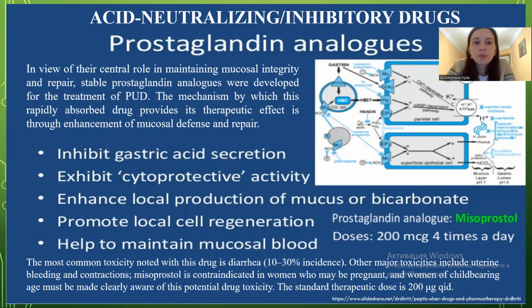Prostaglandin analogues. The mechanism by which these rapidly absorbed drugs provide their therapeutic effect is through enhancement of mucosal defense and repair: they inhibit gastric acid secretion, have cytoprotective activity, enhance local production of mucosal bicarbonate, promote local cell regeneration, and help to maintain mucosal blood flow.